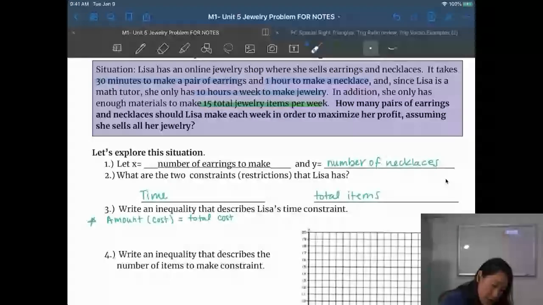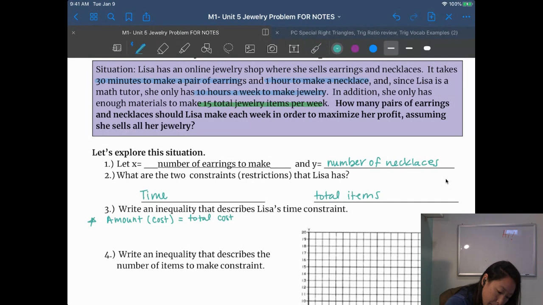The most she can make is 15, so the total number she makes has to be less than or equal to 15. The time, 10 hours, is the greatest amount of time she can spend, so this has to be less than or equal to 10 hours.